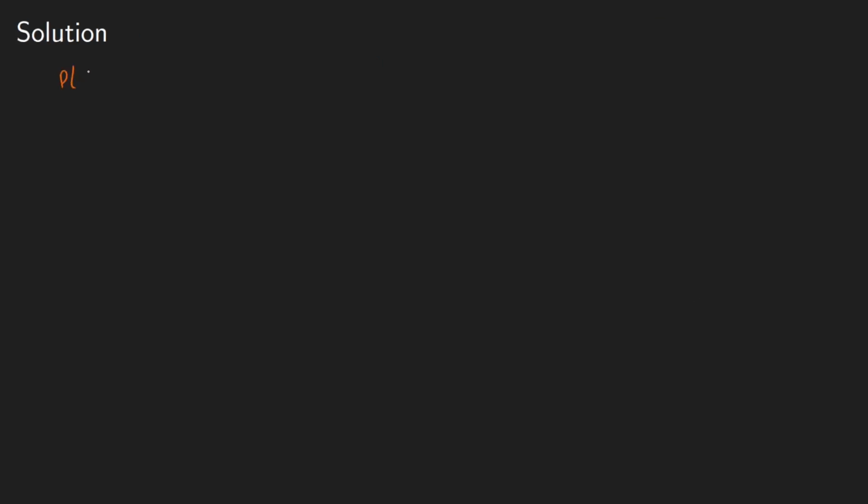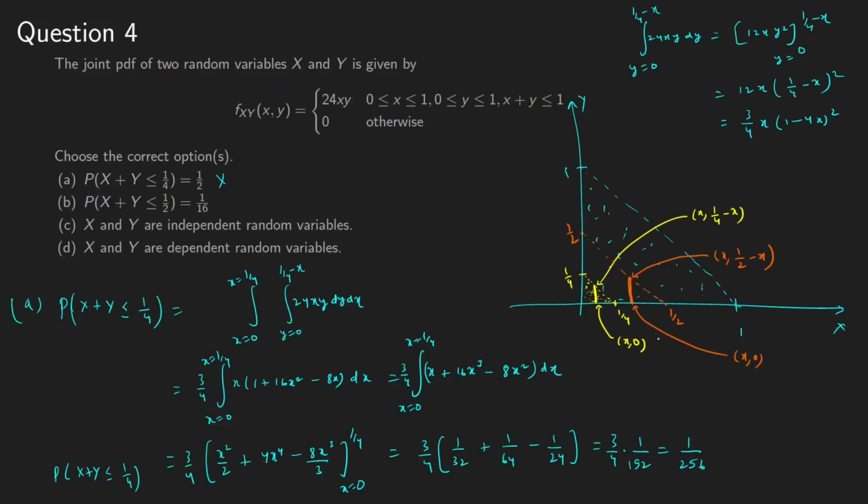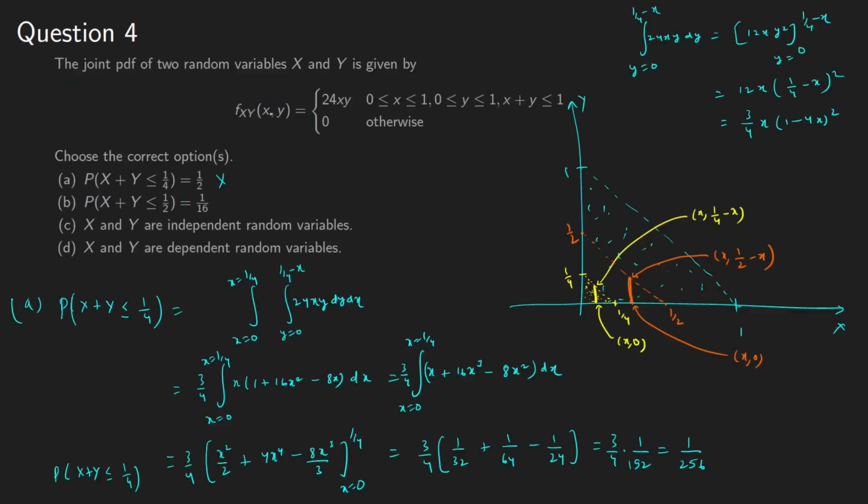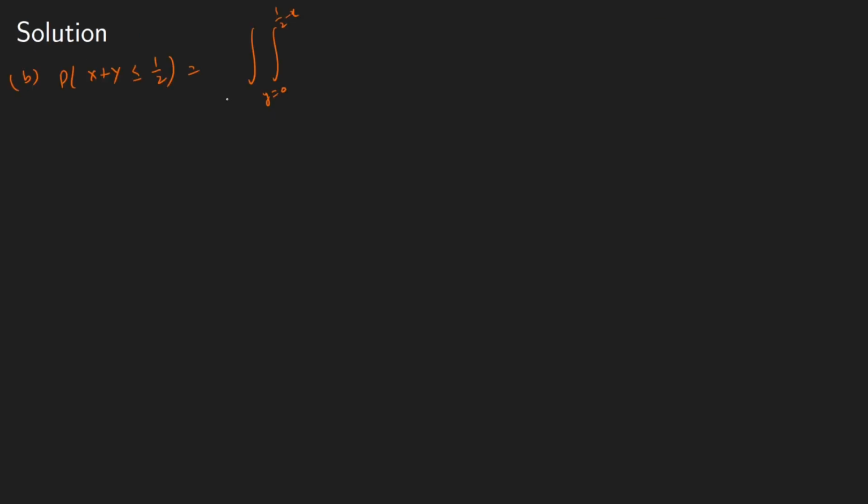So the probability that x plus y, this is for option number B, x plus y less than or equal to 1/2, will be equal to: first we will integrate from y equals 0 to half minus x along the vertical strip, and finally we will integrate from x equals 0 to half, 24xy dy dx.